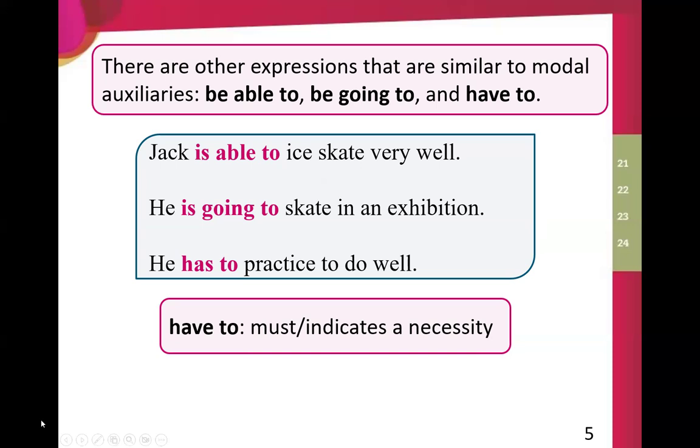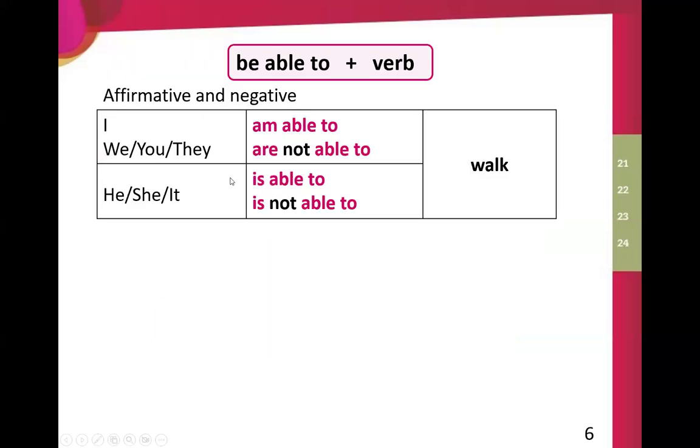Now, affirmative and negative forms of these expressions, the forms of modal auxiliaries. I am able to. You, we, they are able to or are not able to.